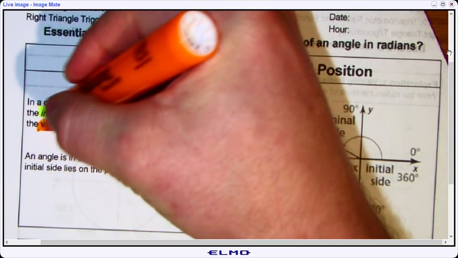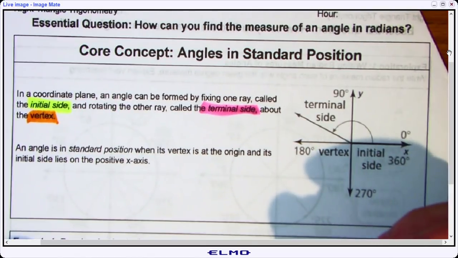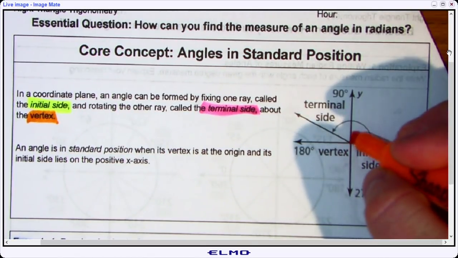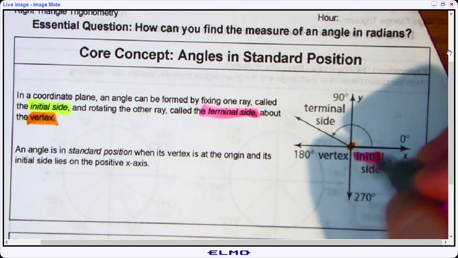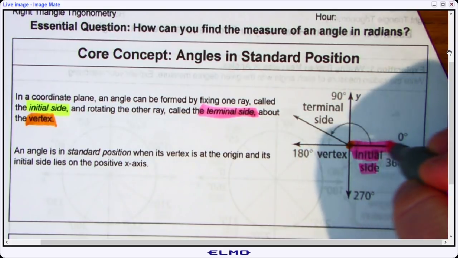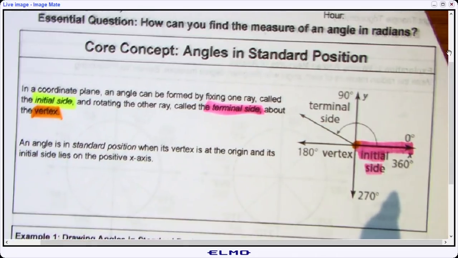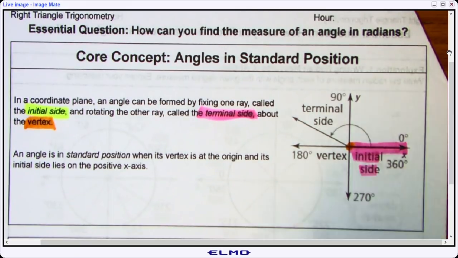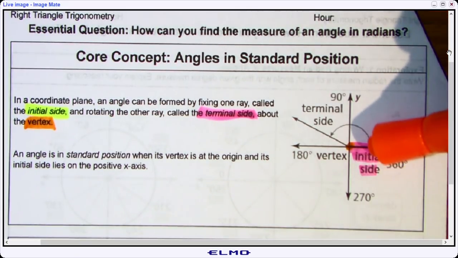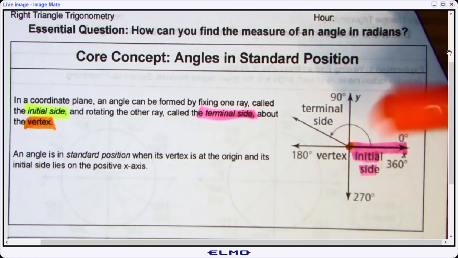Well, that's all well and good. The vertex on the xy plane is just the origin. It's just 0. And then our initial side, that's this guy, and that just starts along the x-axis, goes out in the positive direction. And then when we rotate in the positive direction, we go up this way.